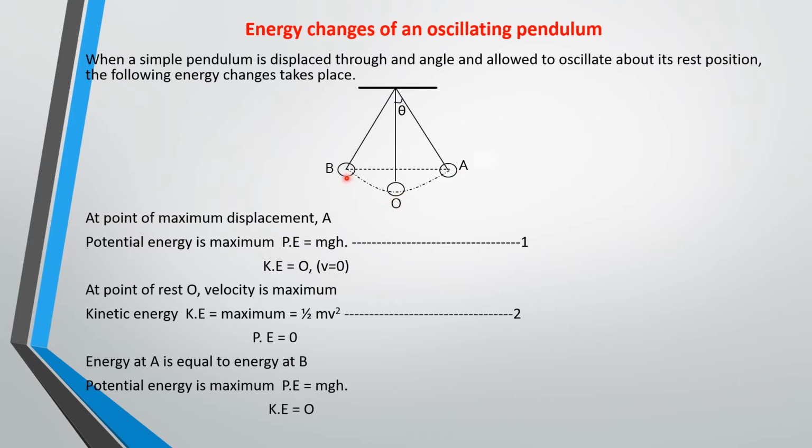So at points B and A, the energy of the pendulum bulb is equal to the potential energy, because at these 2 points, the bulb is at rest.